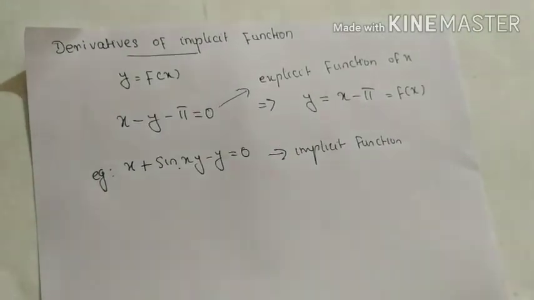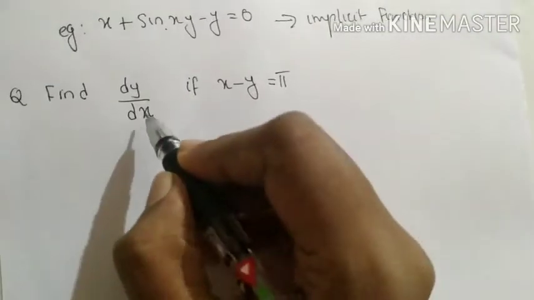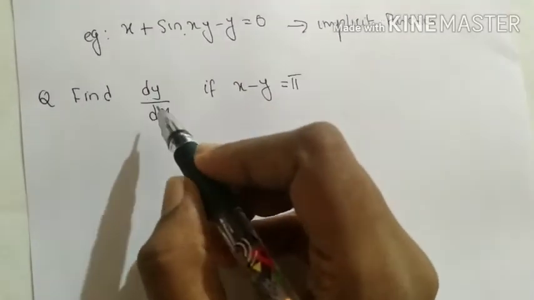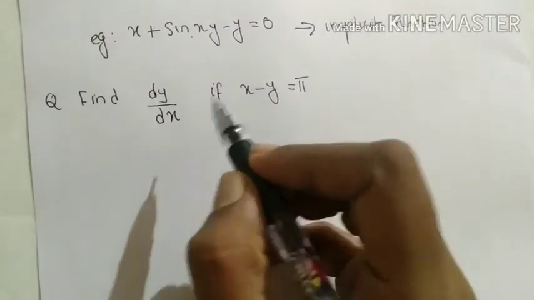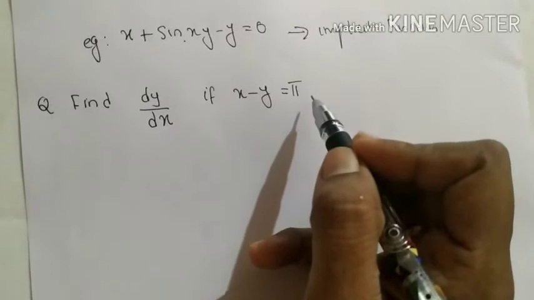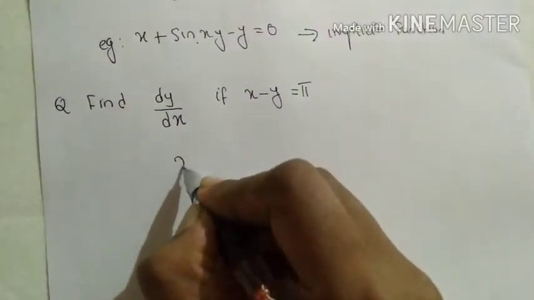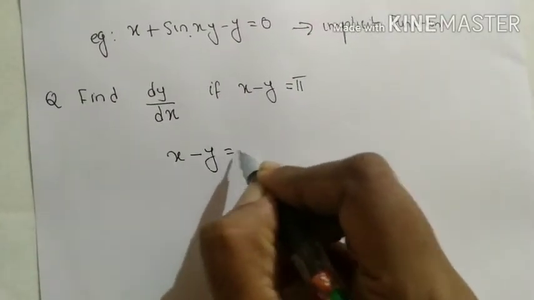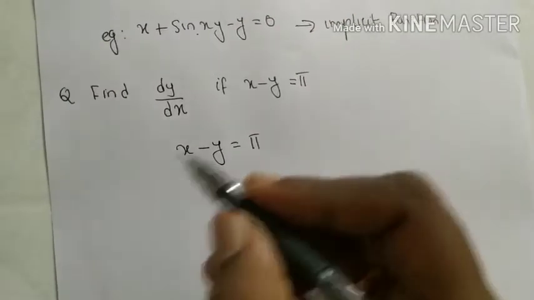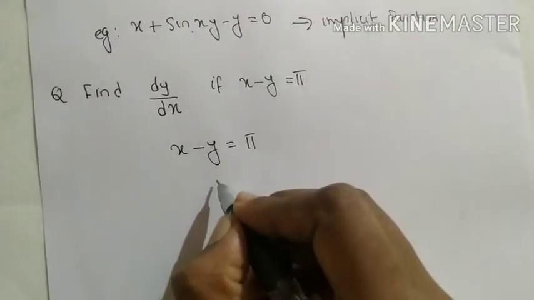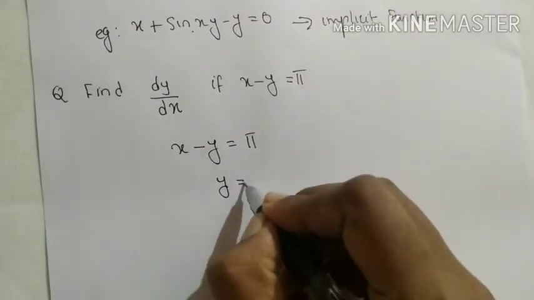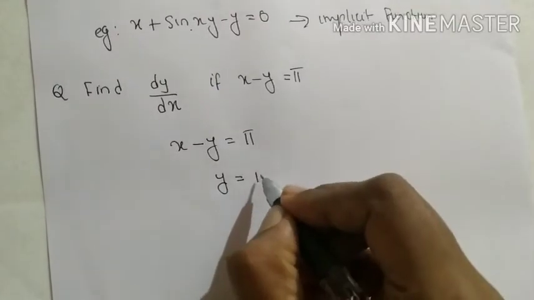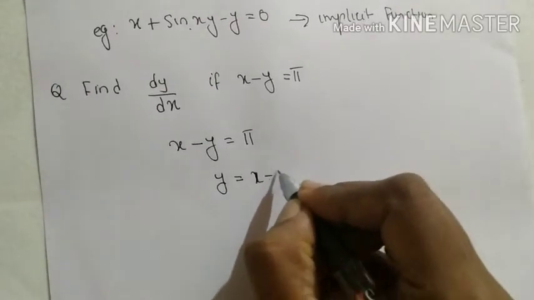This is our first question. Here we need to find dy by dx if x minus y equal to pi. The given function is x minus y equal to pi. So, it is very easy to represent y equal to x minus pi.